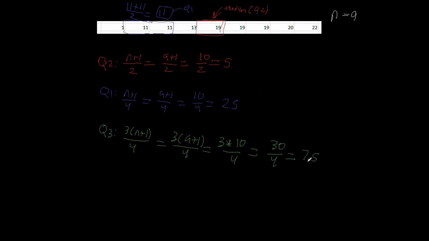Again, we have this half number here, so we would go 1, 2, 3, 4, 5, 6, 7, and we're going to look at the 7th number and the 8th number. We end up doing (19+20)/2, which is equal to 19.5, and this 19.5 is going to be our Q3.